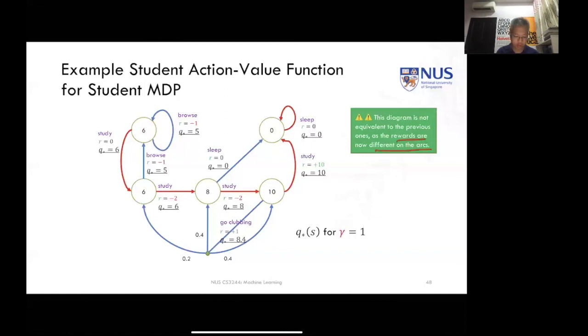So for example, at this particular node, we can browse to get an immediate reward of -1 when leaving this state, or we can leave this state by taking the study route. That incurs a little bit more cognitive load, so it's going to cost us -2 in this case. You can see that also here, our reward of 0 for sleeping doesn't take any work, but it certainly takes work to study, so -2 over here.